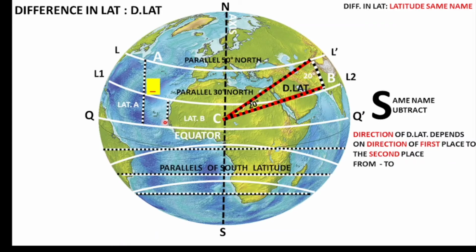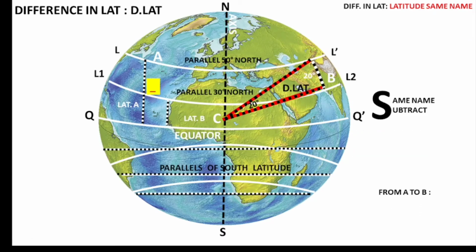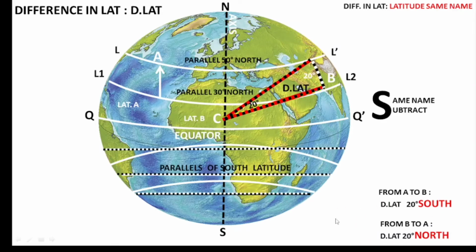It's always from to, from which place to which place you are going. If you are going from A to B, you're going south. So your d-lat would be 20 degrees south. And if you are going from B to A, you're going towards north. So your d-lat would be 20 degrees north.